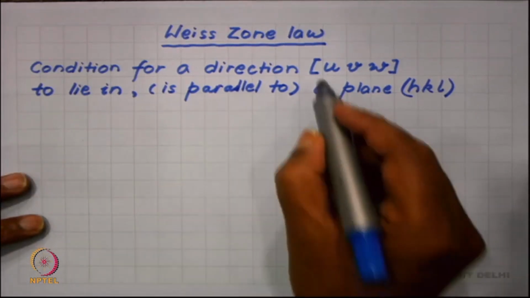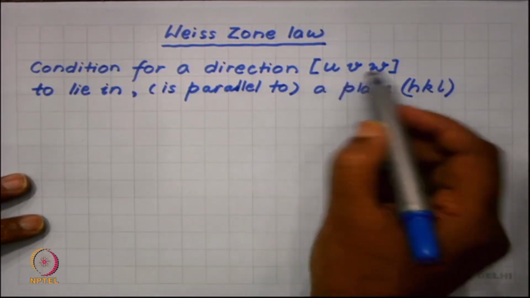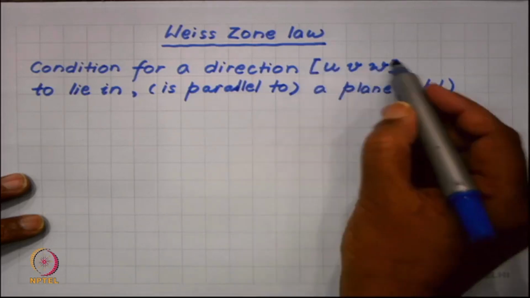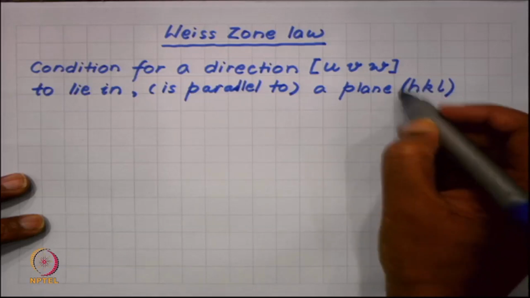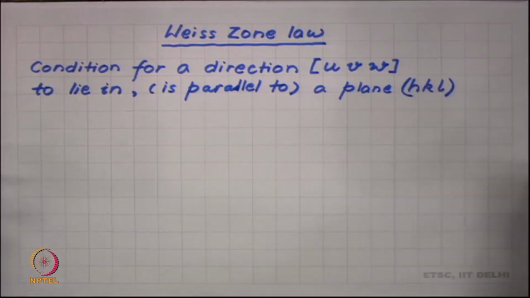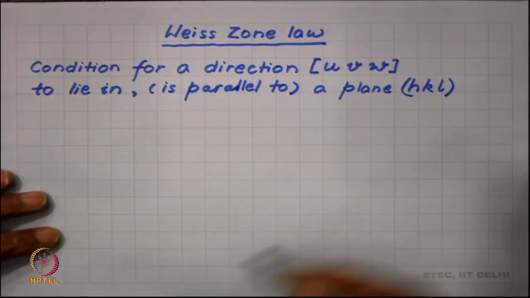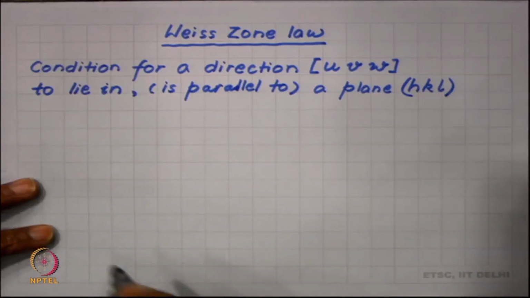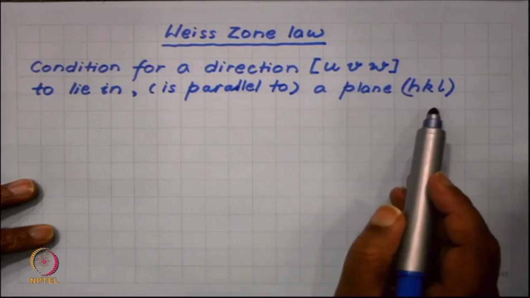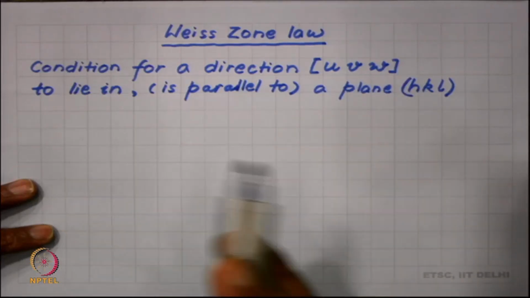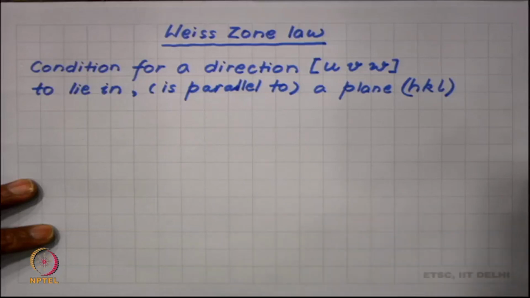Notice the direction indices UVW are put in the square bracket and the plane indices HKL are put in round bracket. You will recall this convention from our previous discussion on Miller indices. Now, Weiss Zone law is simply stating the condition that these two Miller indices satisfy if the direction is lying in the plane or is parallel to the plane.